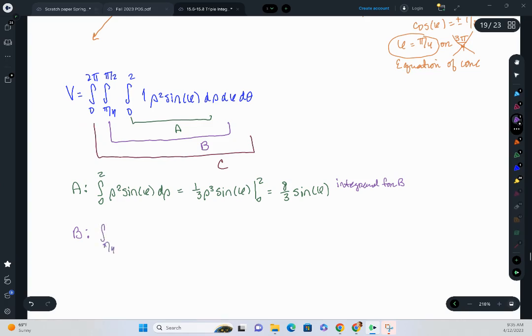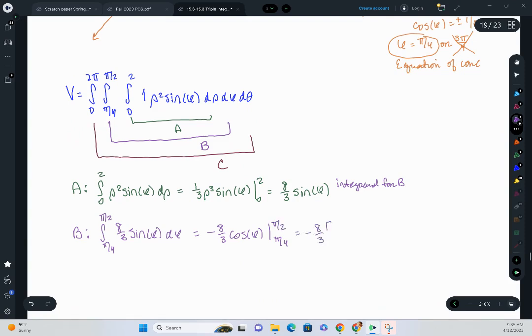It's from pi fourths to pi halves of 8/3 sine of phi d phi. The antiderivative of sine of phi is negative cosine, so I get a negative 8/3 cosine of phi from pi fourths to pi halves.